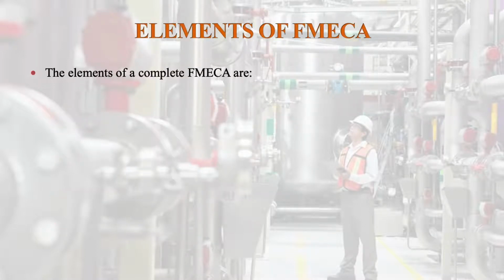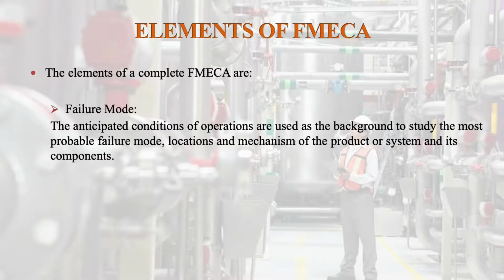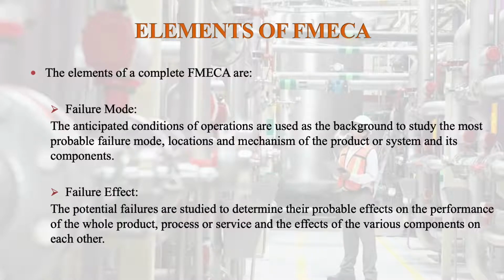The elements of a complete FMECA are: failure mode. The anticipated conditions of operations are used as the background to study the most probable failure modes, locations and mechanisms of the product or system and its components. Then failure effect.